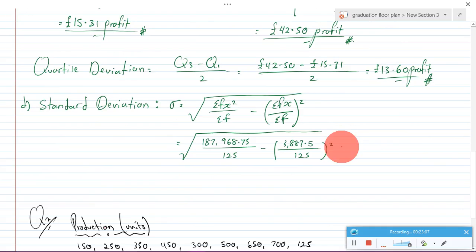Now we have a problem, we have to do working for the median. Median is L plus total F divided 2 minus M, over F, times C. So it's a working.